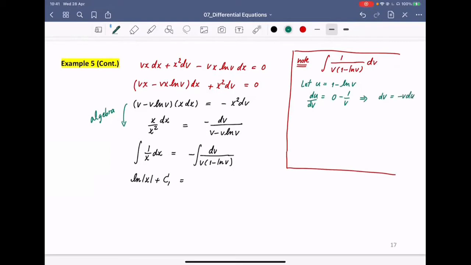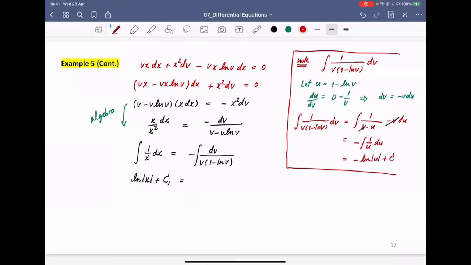Then you have the integral of 1 over v times 1 minus log v dv, which becomes 1 over v times 1 over u times negative v du. Here you cancel out v, so you get negative 1 over u du, which is negative log absolute u plus c.